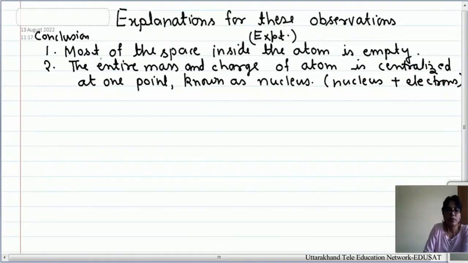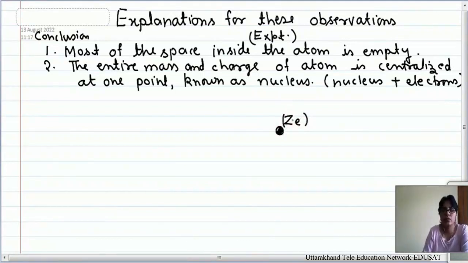Now let us see the explanation for the observation, why there is scattering. Let us make another diagram. Suppose this is the nucleus, a heavy nucleus with charge Ze, where Z is the atomic number of the scatterer.